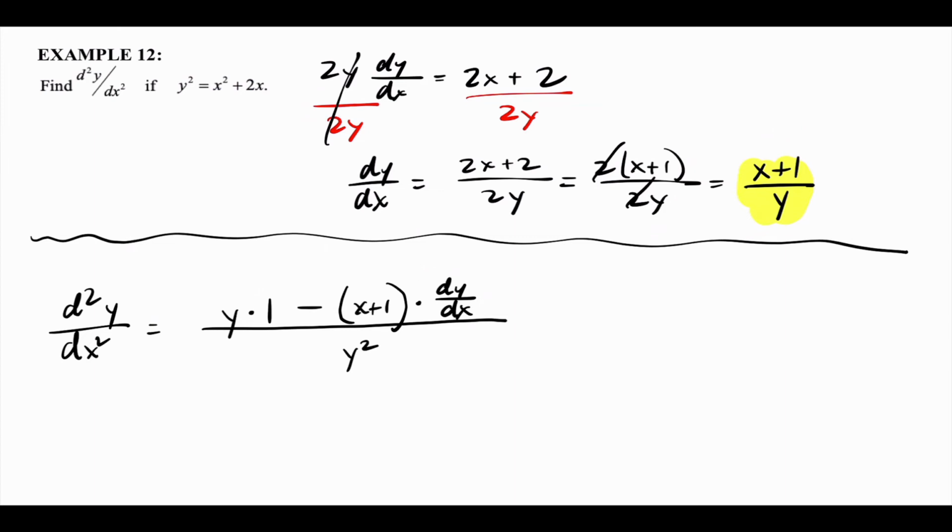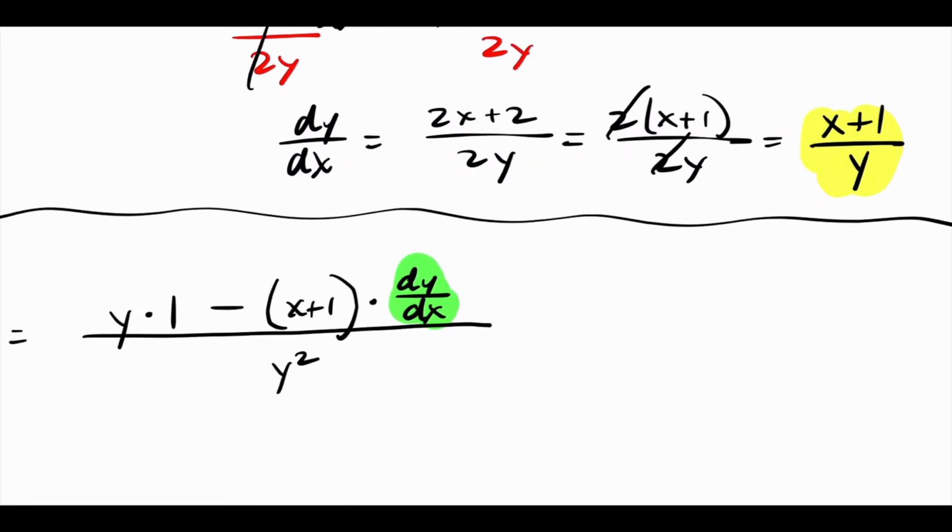What do I do now? Let me give you an idea. Can I solve? Should I solve for this guy? So if I were to solve for it, like I did the first derivative, right? What does this guy mean?